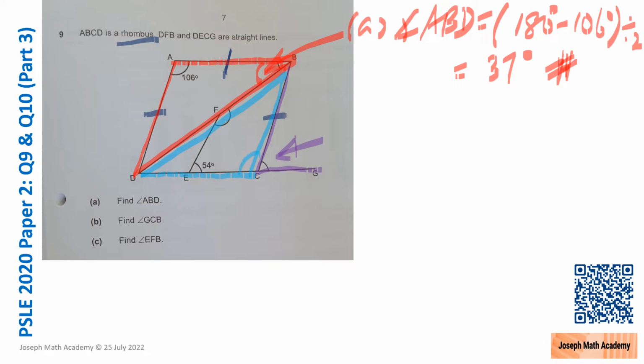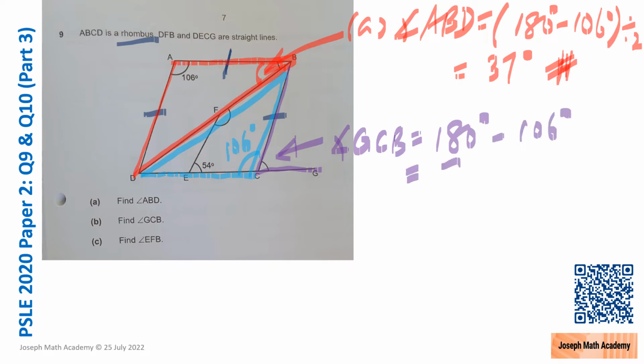So this angle is 106 degrees. Meaning, angle GCB is found by taking 180 degrees subtract 106 degrees. That will give us 74 degrees using the property sum of angles on a straight line. So B is also done.